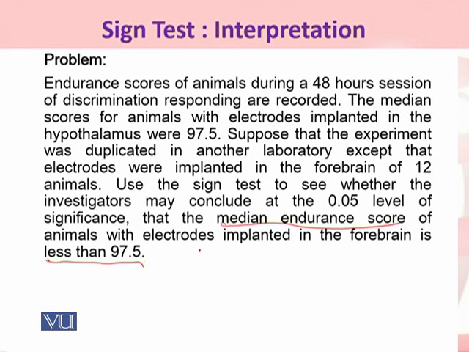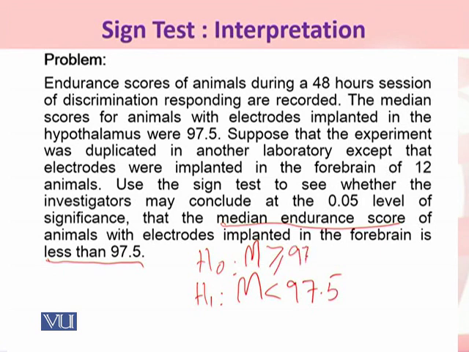So the alternative states that the median is less than 97.5, whereas under H0, M is greater than or equal to 97.5.